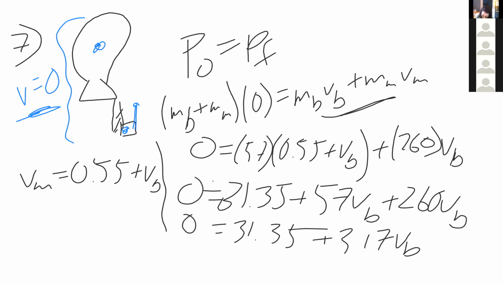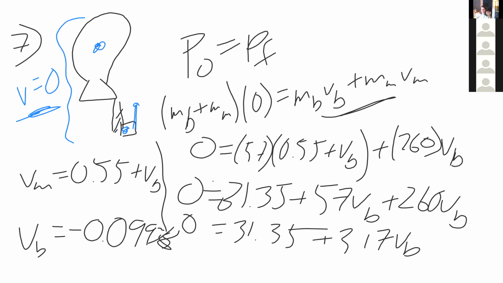If I solve this, I get that v sub b is equal to negative 0.099 meters per second. And the negative sign there tells us explicitly the answer to part A. So you don't actually need to know the conceptual reason why you get that negative. All you need to know is that the negative tells you that your balloon is moving downward.